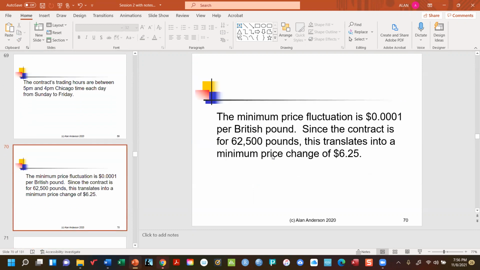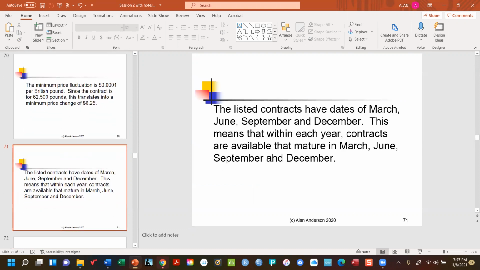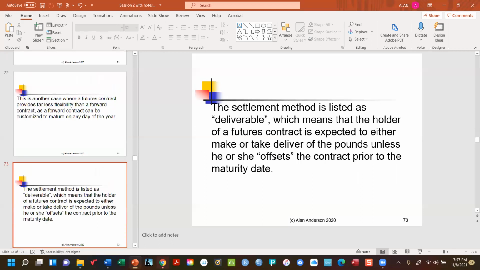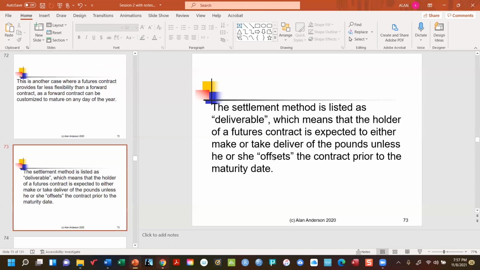Let's see. All right, this we know. Oh, yeah, and this is a deliverable contract, which means if you hold it to maturity, you'll actually take possession of 62,500 British pounds. A lot of these futures contracts are cash settled, which means you're not collecting the actual asset, you're just getting money.